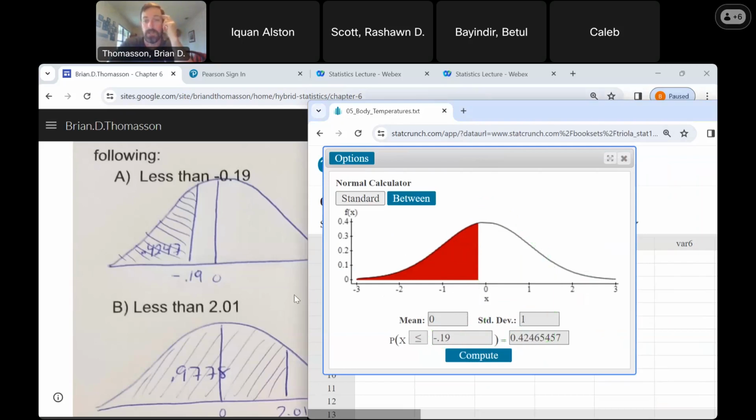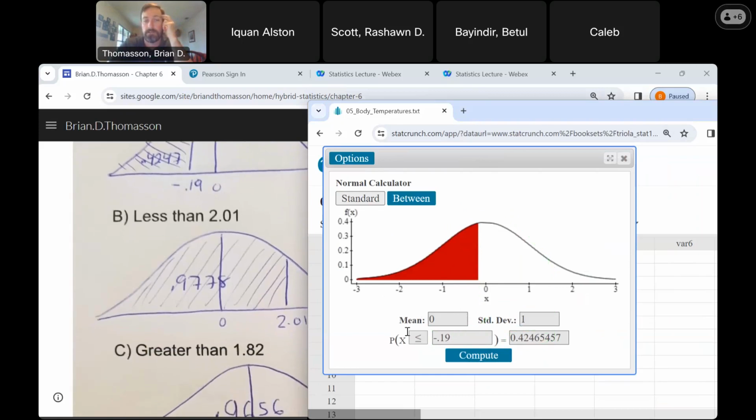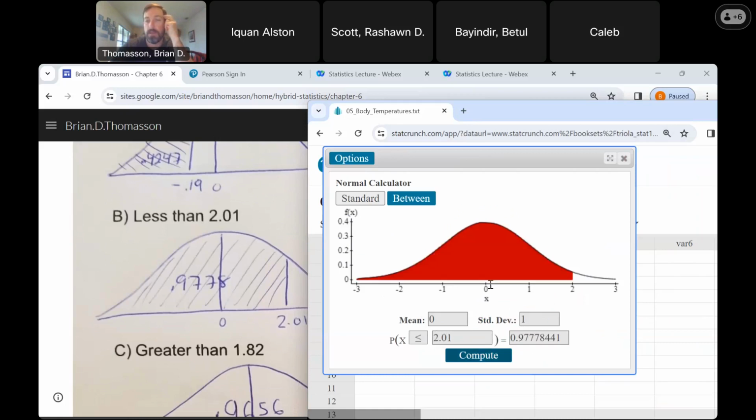So let's see how that changes for the second. The second, we're looking for less than 2.01. So we just have to change this to 2.01. And again, the 2.01 is this breakpoint.